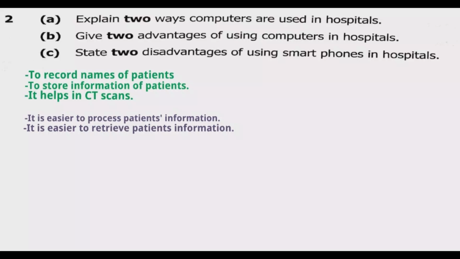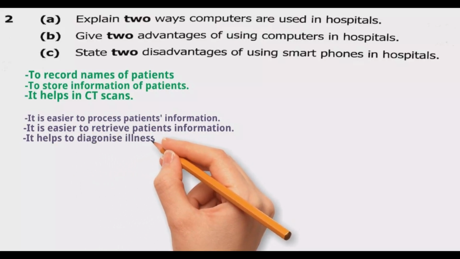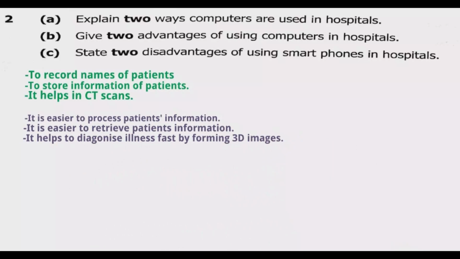The other one is that it also generates 3D images for diagnosis, fast, to locate ailment. So when computers are being used, they will be very fast to generate 3D images for diagnosing, to locate illness.